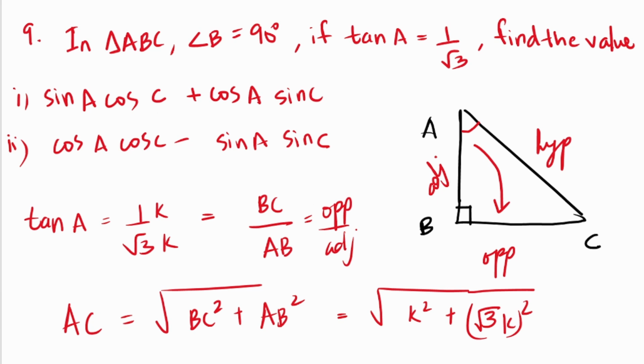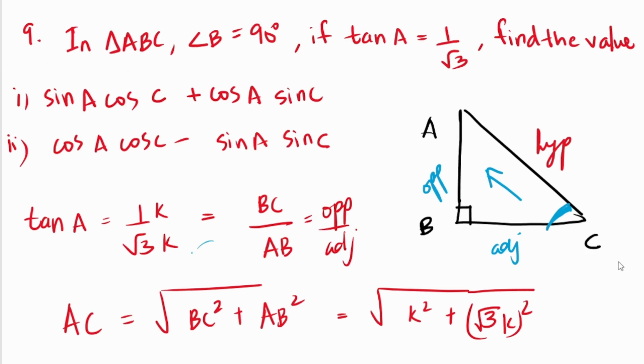So we'll just erase this out and write it with respect to C. Now the side with respect to angle C, that's what I meant: AB is the opposite side and BC is the adjacent side. Okay.